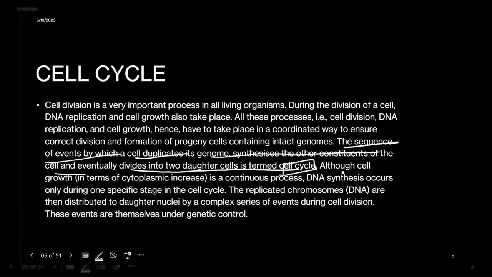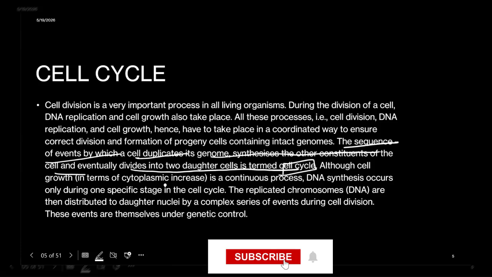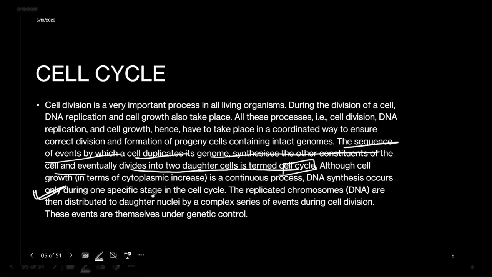Now, although cell growth in terms of cytoplasmic increase is a continuous process, DNA synthesis occurs only once, during a specific stage in the cell cycle. Whenever a cell wants to divide, first the cell needs to grow.